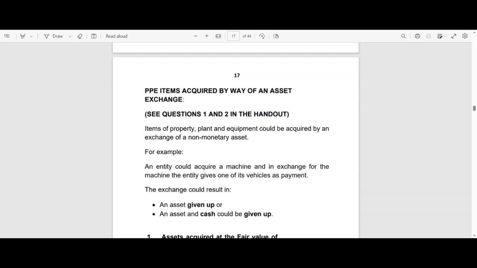Now, ladies and gentlemen, we all know that there are various ways in which we can acquire an asset. I'm not even referring to a lease. I'm talking about the actual purchase. So if we acquire property, plant, and equipment, and we pay for it immediately out of our bank account, then we debit the asset at cost, say vehicles at cost, and we credit bank.